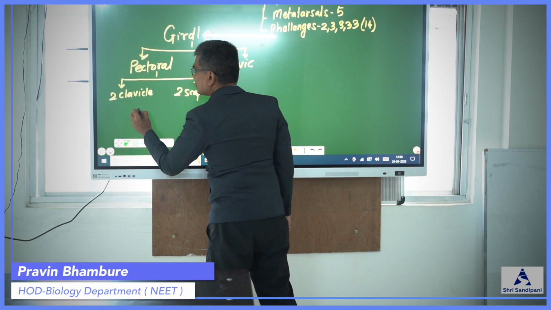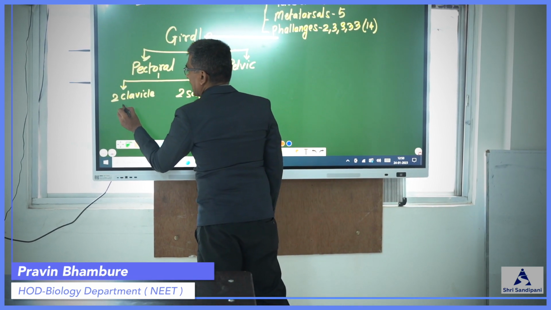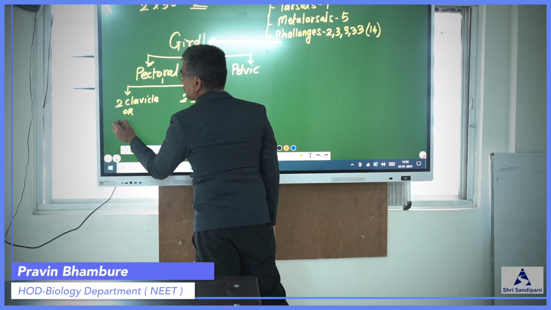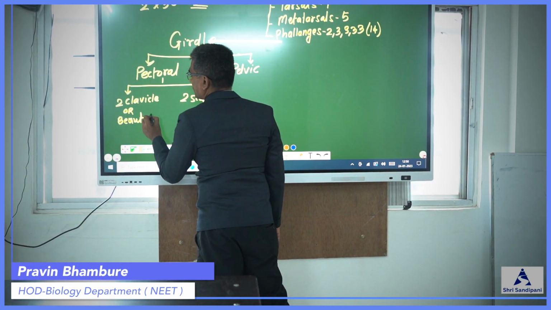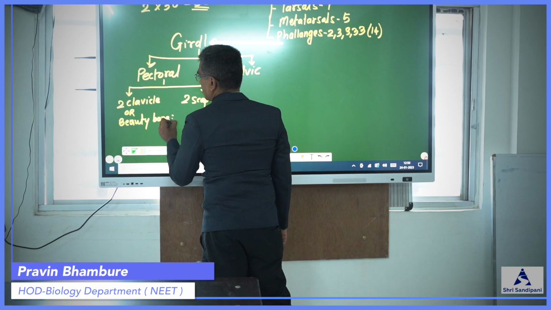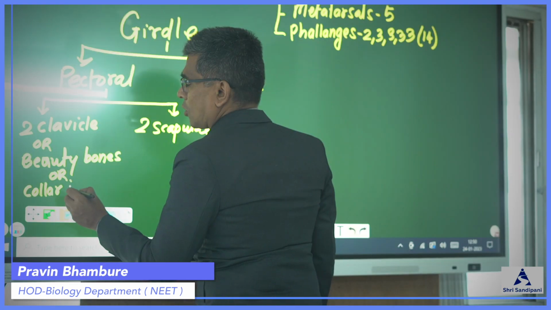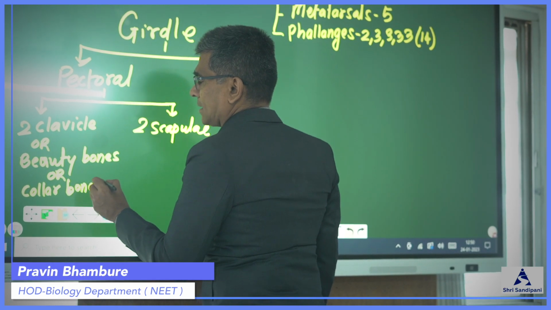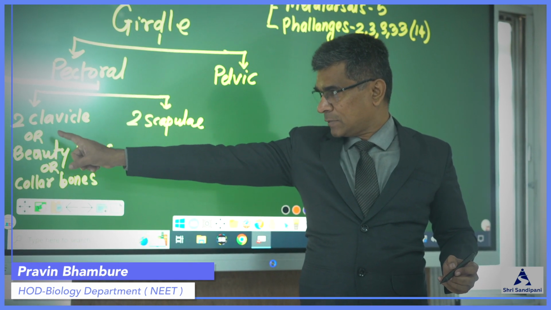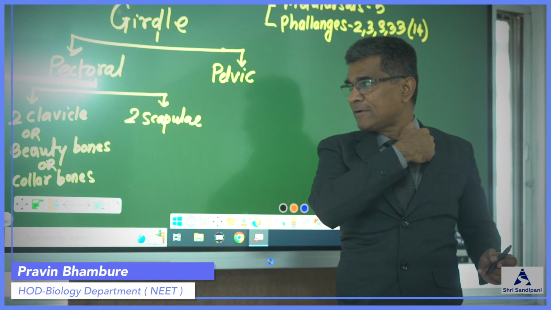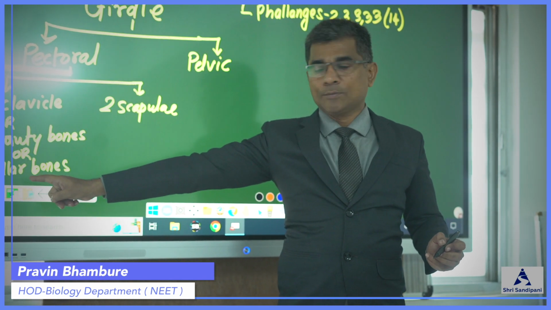The collar bone here is the clavicle. Clavicles are also called beauty bones, or collar bones. So 2 clavicles are there, right and left.